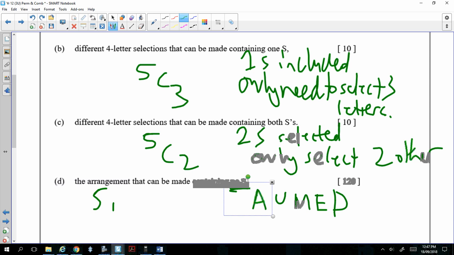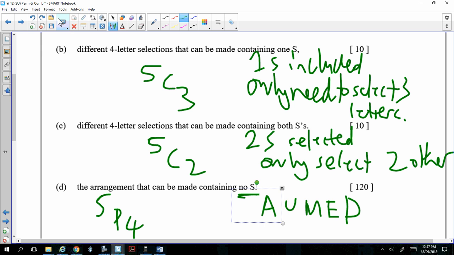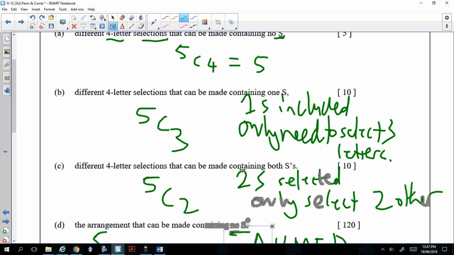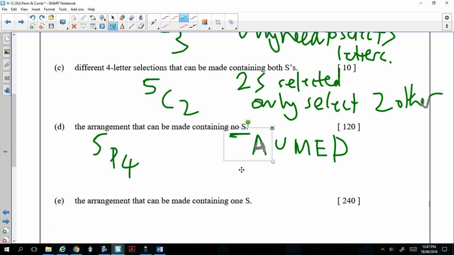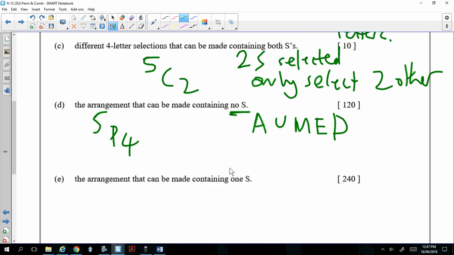Okay, next one, arrangement containing one S. This one gets a bit harder. One S is already selected, and then you have to arrange the letters. So what you do is this. You're going to select 3 letters from A, U, M, E, D, right?